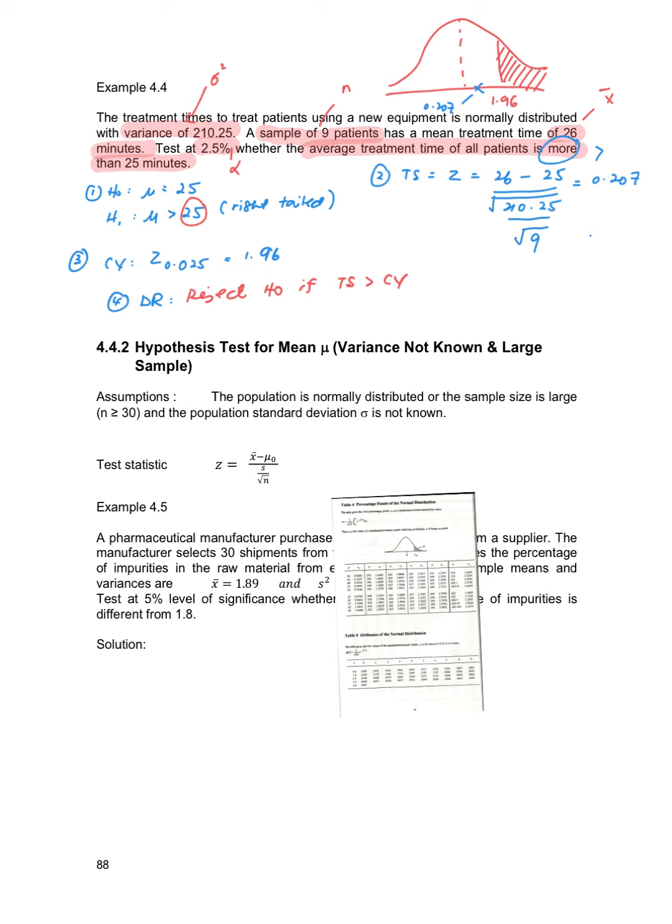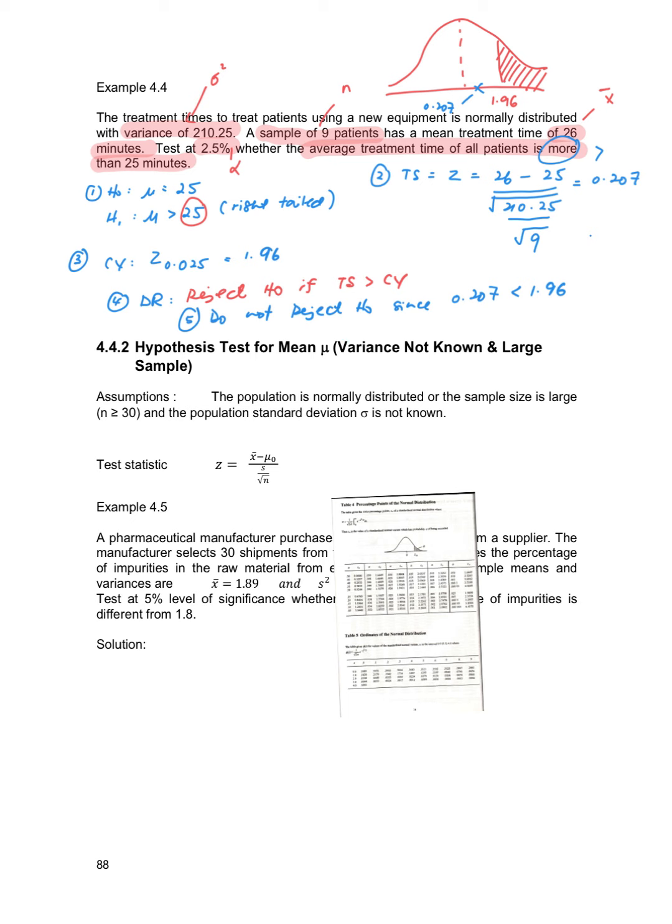So in step number 5, our decision is do not reject H0, since our test statistic 0.207 is less than 1.96. Because the rule is we reject H0 if test statistic is greater than critical value, but when we test, our test statistic 0.207 is less than 1.96. That's why we do not reject H0.